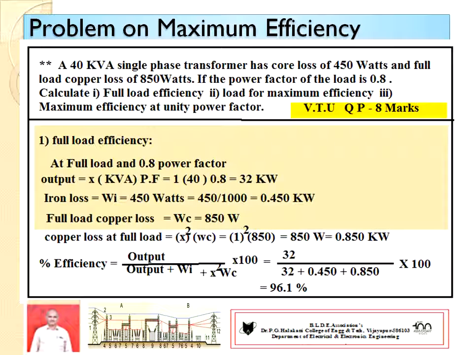If output is in watts, these losses should also be in watts. Same units are to be used. Then, go for efficiency. Efficiency equal to output divided by input. Input is equal to output plus iron loss plus copper loss. You substitute the values. So, you are going to get 96.1%.